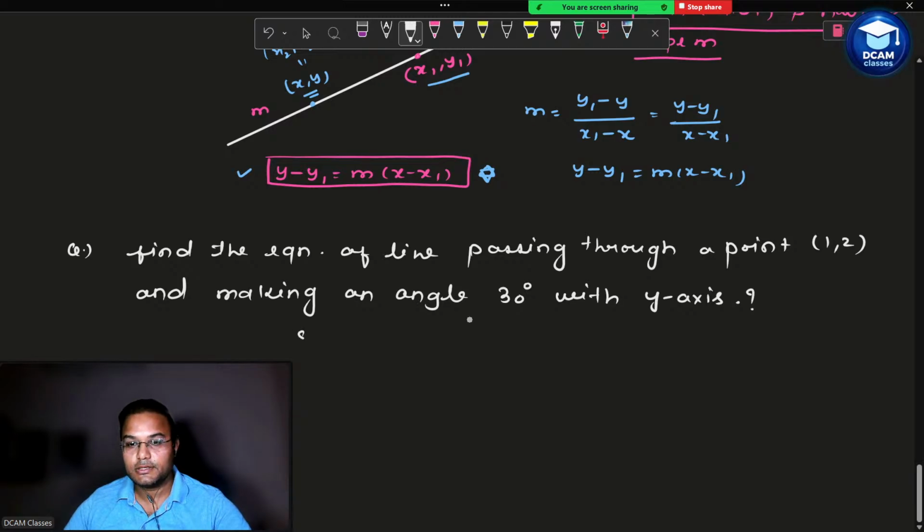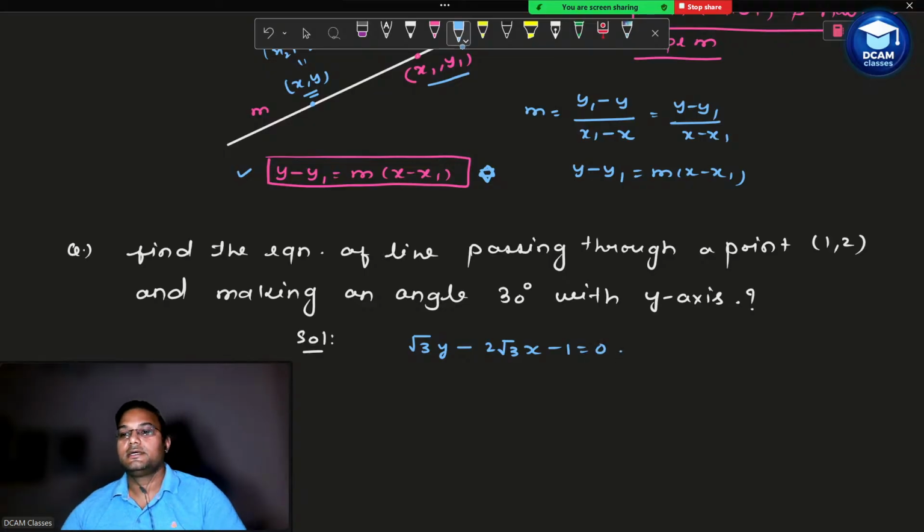Tell me, what's the answer? Sir, is it root 3y minus 2 root 3 equals x minus 1? This one. Let me check. Yes. y minus 2 is equal to... No, sir, it is 2 root 3 equals x minus 1.